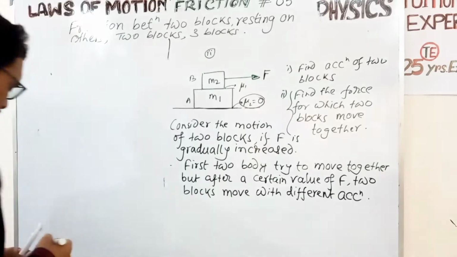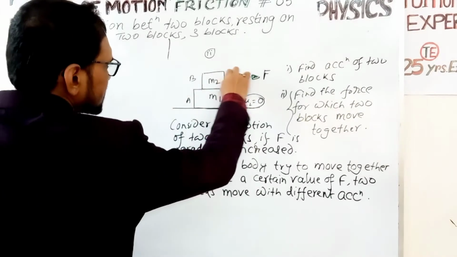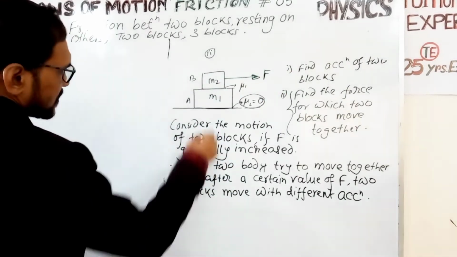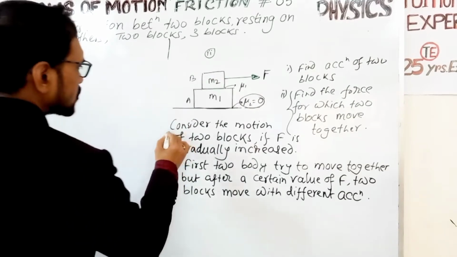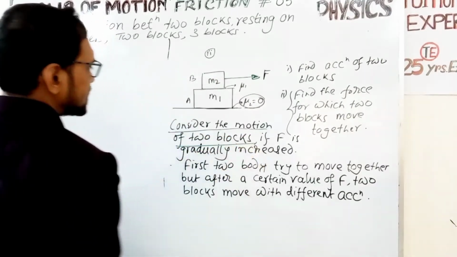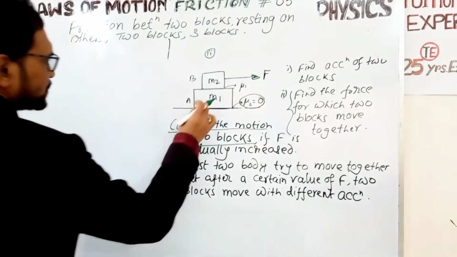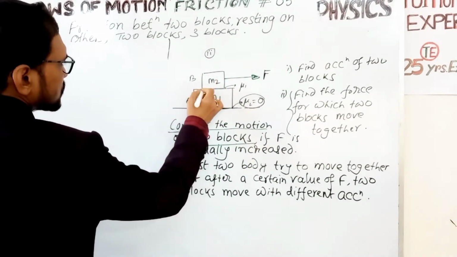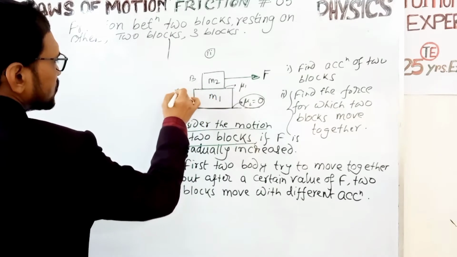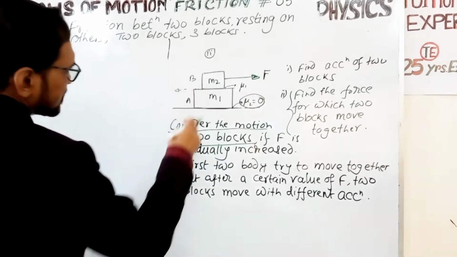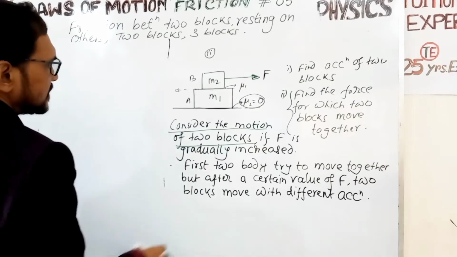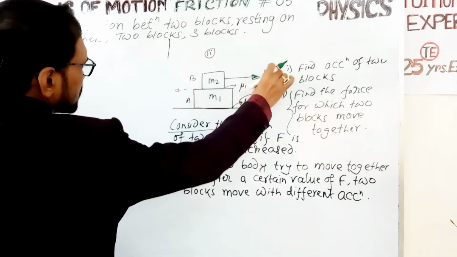What happens if F is gradually increased? Consider the motion of the two blocks. First, the friction force acts in the opposite direction and will increase. That is, first static friction acts as the force is gradually increased.